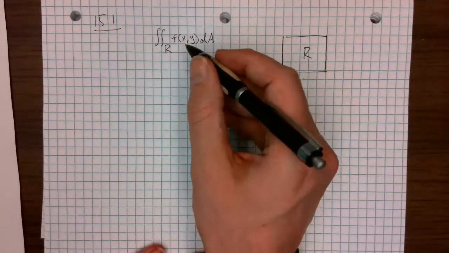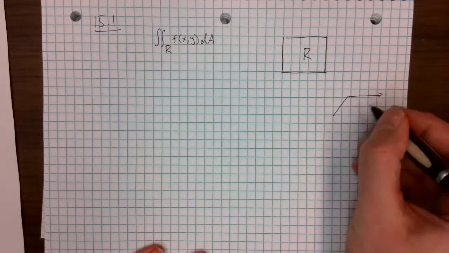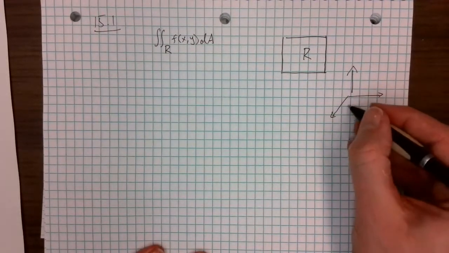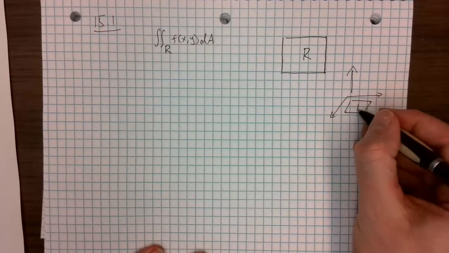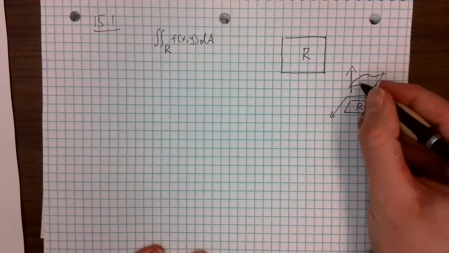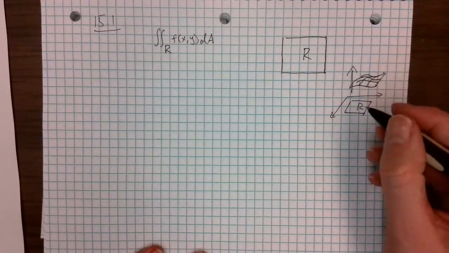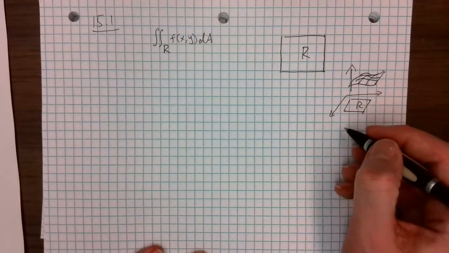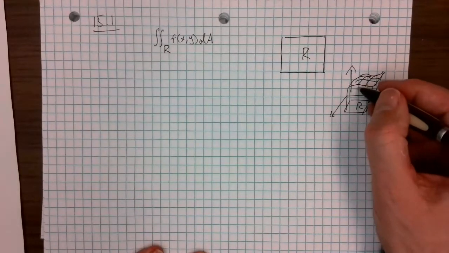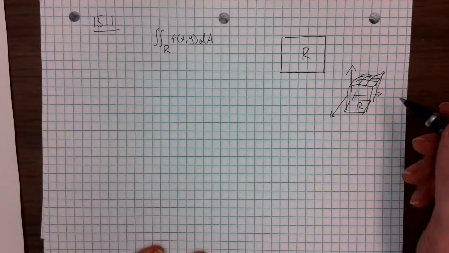So what is this? You really want to think of it as, let's draw. If R was over here, and we had the graph of a function over this region R, then the integral should be the volume under the graph.